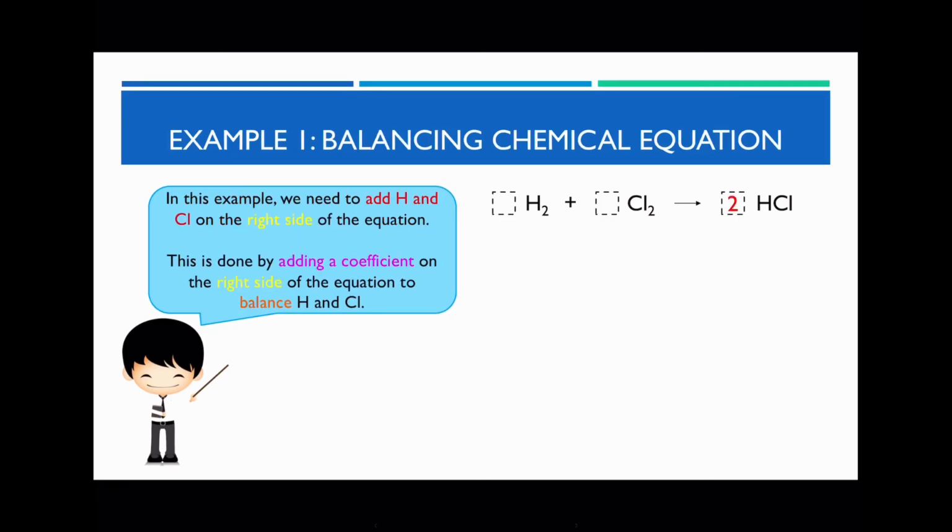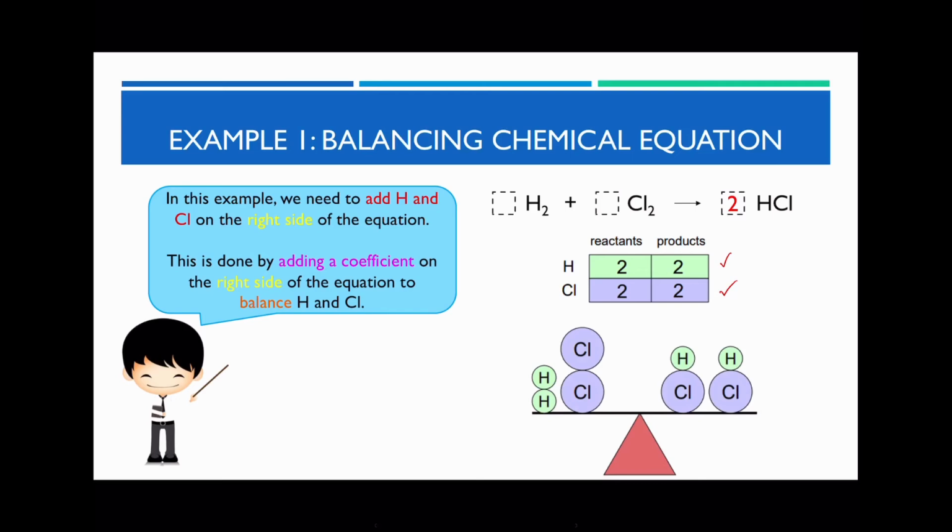Since this was lacking one hydrogen and one chlorine, adding a 2 changes the total number of atoms on the right hand side. Now the number of hydrogen atoms are equal, and the number of chlorine atoms are equal. So our chemical equation is balanced, and this is also shown on the image down below.